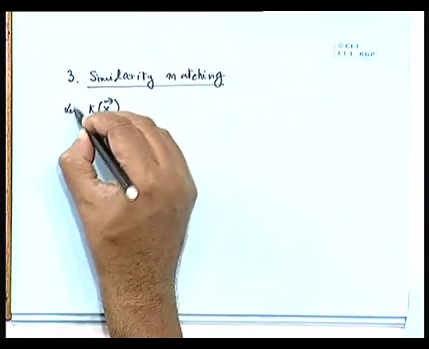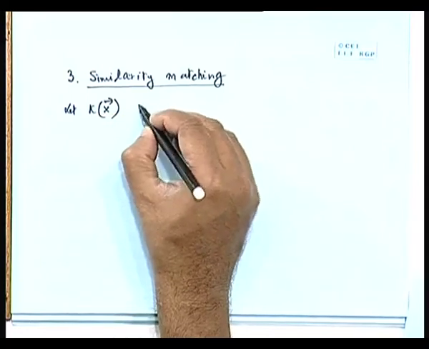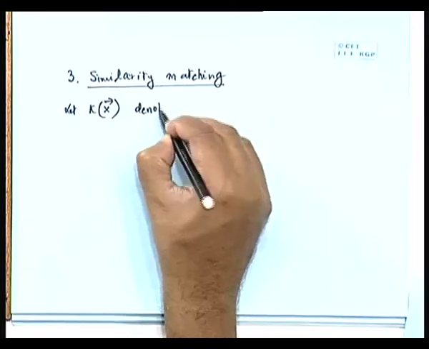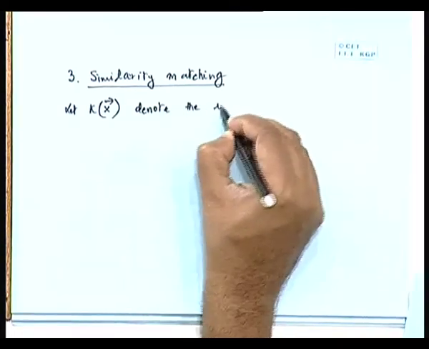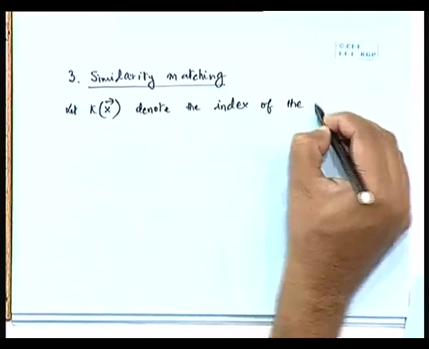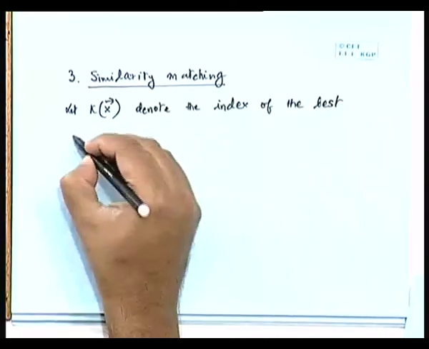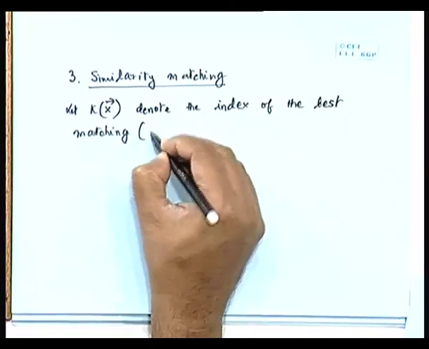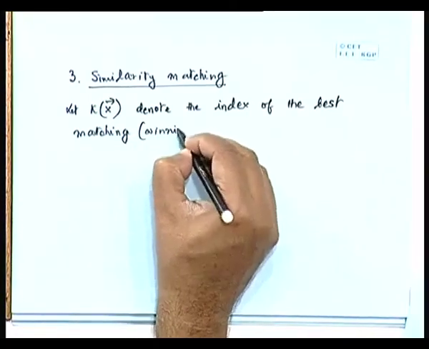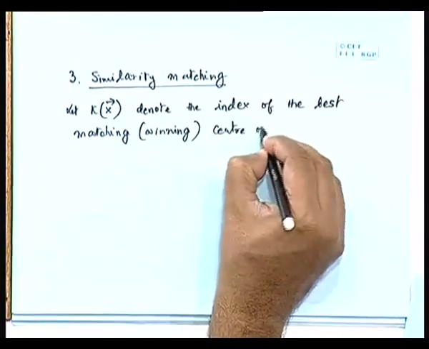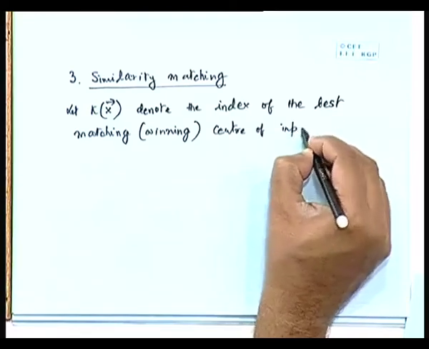So, we choose that let k(x) denote the index of the winning center, the index of the best matching, that is to say the winning center, of input vector x.